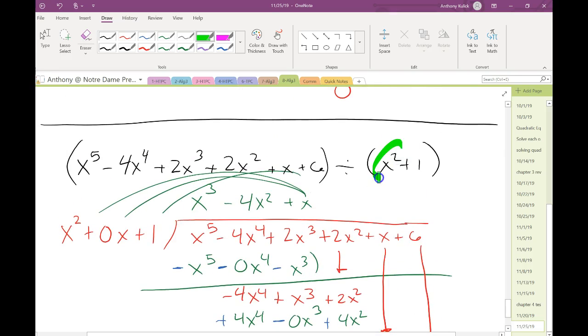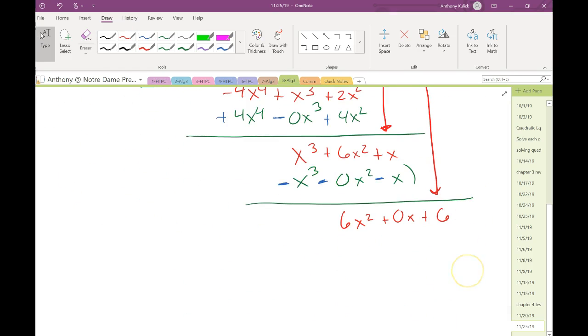Sure. It's because I saw x squareds and then a constant, but there's no x's in between. Exactly, because I skipped a term in there. Does that make sense? So that's all I'm looking for, is if you skipped something.